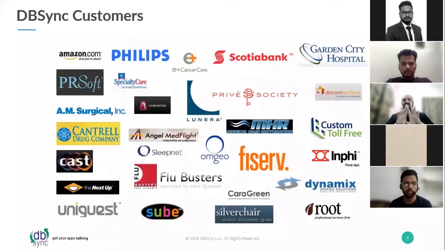This is just to give you an idea of our customer base. It's a mix of small, medium, and enterprise customers. For enterprise customers, you can see on the top we have Amazon, Philips, and Scotia. Scotia is one of the top 5 banks in Canada, who we've been working with for the past 6 or 7 years.